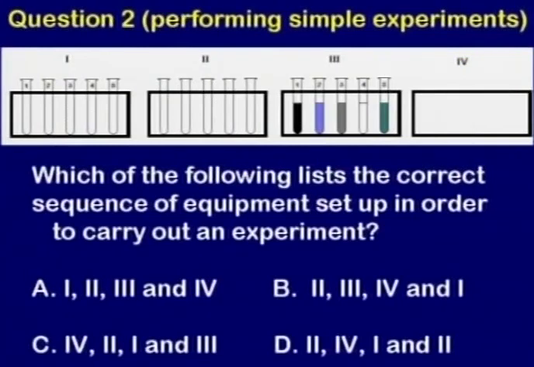The second one, you will have to put in the test tubes, and that's number 2. The third one will be you labeling the test tubes, that's number 1. So the last one will be 3, where you will have to pour the liquids or whatever the content of the test tube inside it. So we have the answer C, which is 4, 2, 1, and 3.